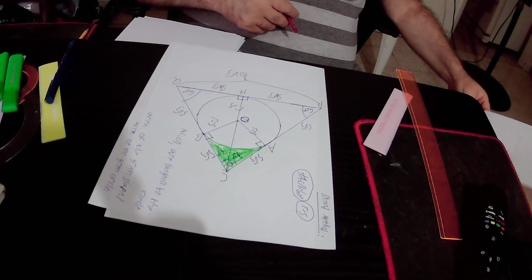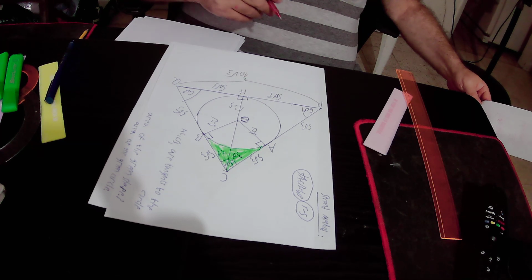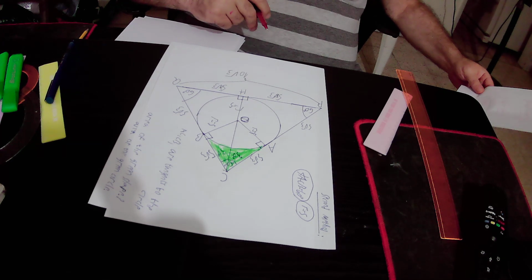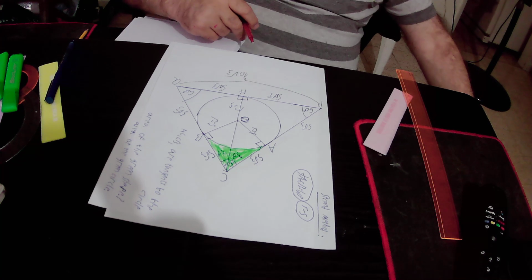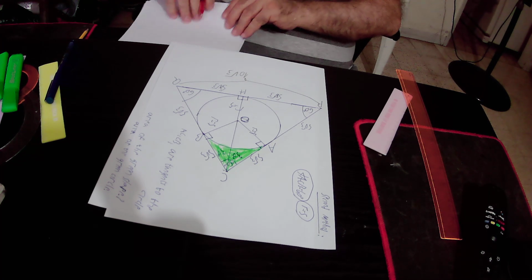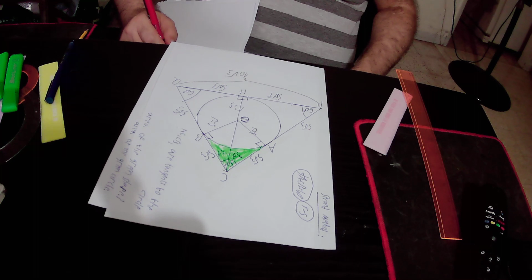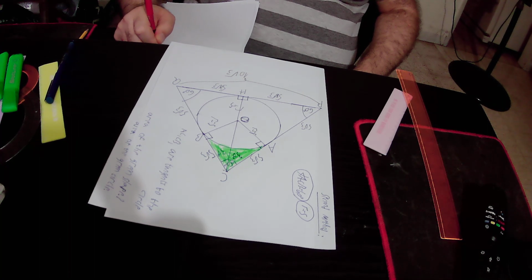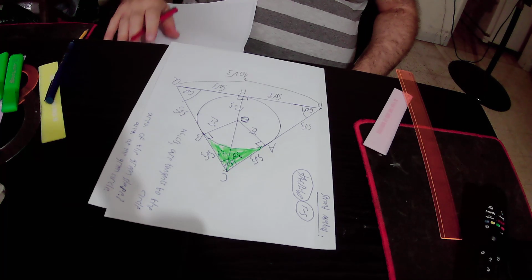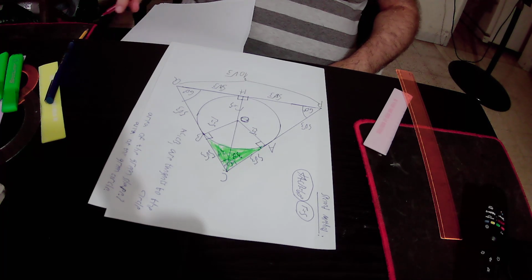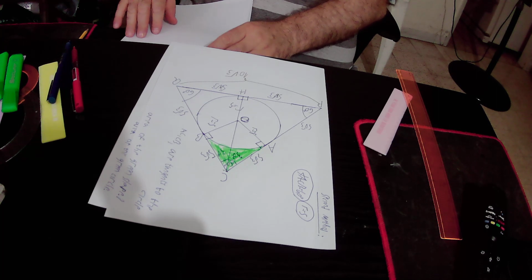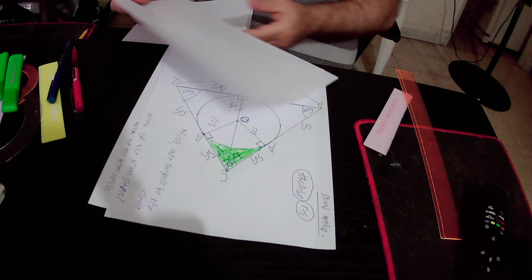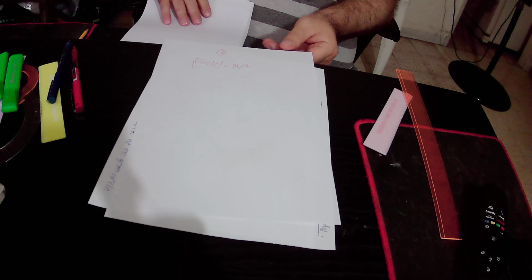What is the area of the circle? The formula for the area of any circle is pi r squared.